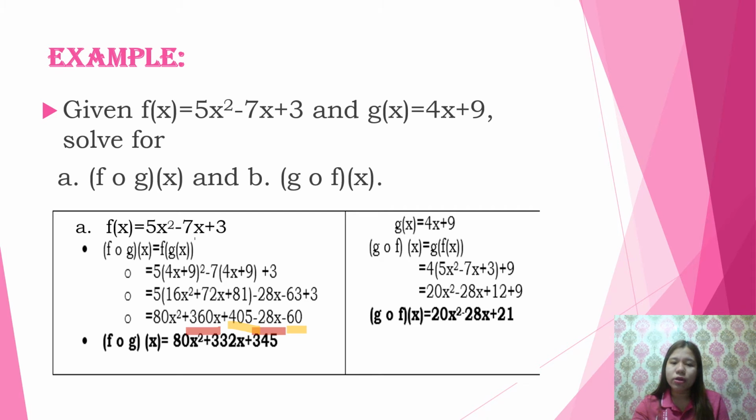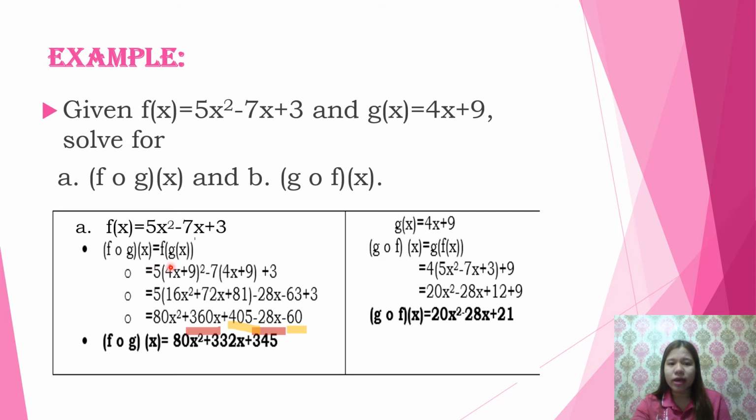Okay, so for letter b naman, we have g of x is equal to 4x plus 9. And then yung x dito, papalitan natin ng given na f of x, which is 5x squared minus 7x plus 3, plus 9. Dito kasi class, baliktaran lang.